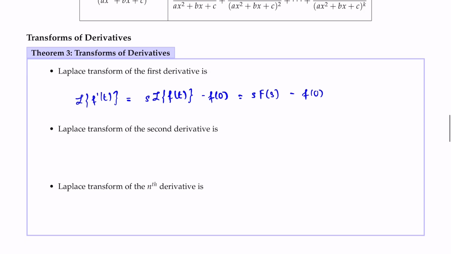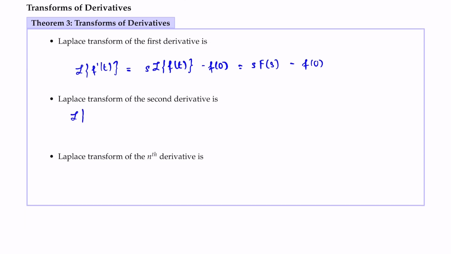Now for the second derivative, the Laplace transform of f double prime of t is equal to s squared times the Laplace transform of f of t minus s times f of 0 minus f prime of 0. Here f of 0 and f prime of 0 are initial conditions. Because we are working with second order differential equations, you need two initial conditions.